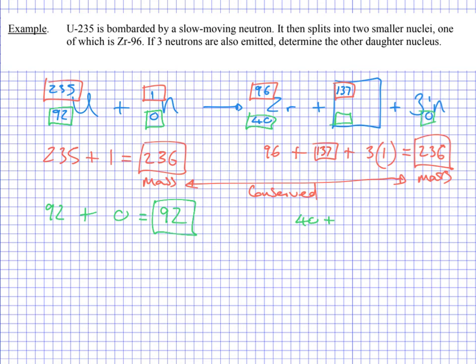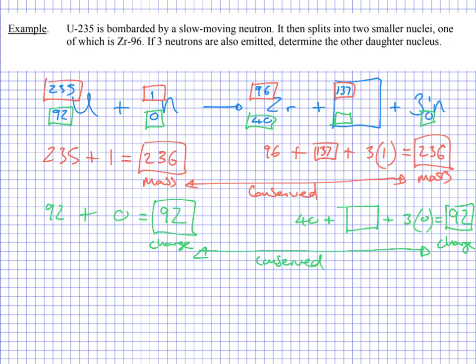Plus 3 lots. Oh, let me just put my space in. So this missing bit, whatever we are missing, plus 3 lots of 0, which of course is 0. And this also must equal 92. Remember, same principle as before. This is my charge. This is my charge over here. These must be conserved.